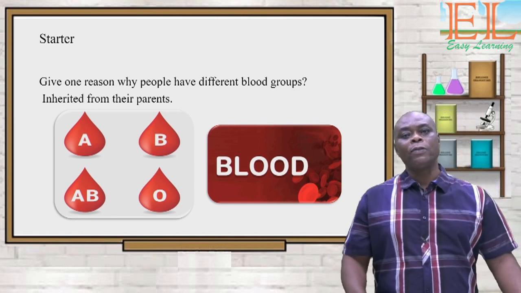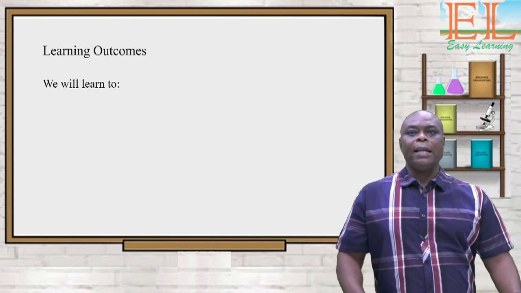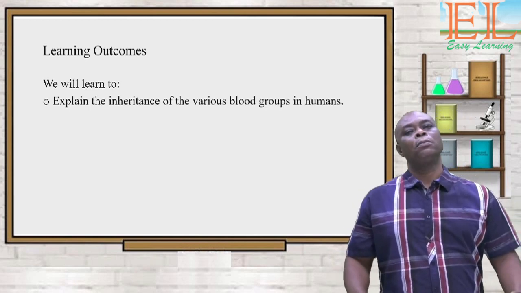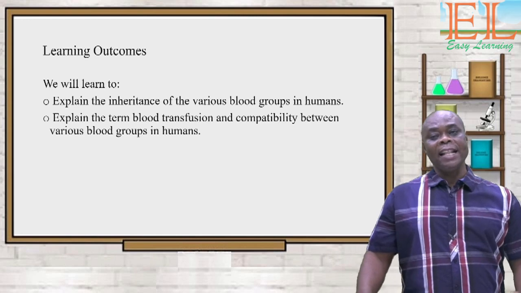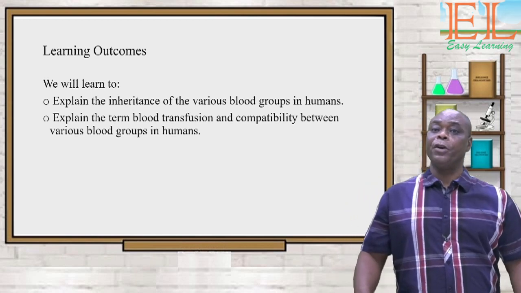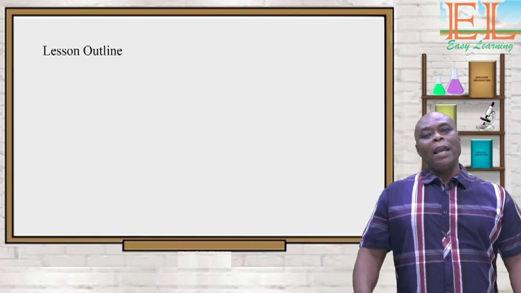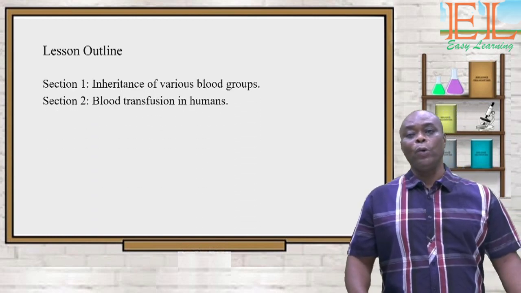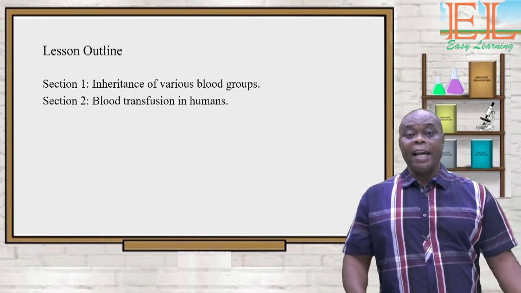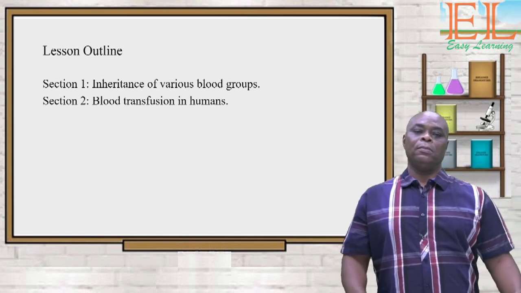For our lesson outcomes, we'll learn to explain the inheritance of various blood groups in humans, and also explain the term blood transfusion and the compatibility between various blood groups in humans. For our lesson outline, we'll be looking at inheritance of various blood groups, and secondly, we'll look at blood transfusion in humans.